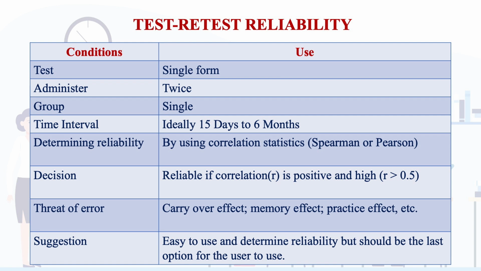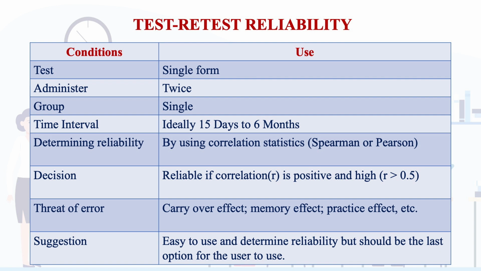Okay. So let us try to understand how to establish the reliability coefficient by using the test retest method. First of all, in this method a single test will be used, only one test, and this single test will be administered twice. So administration will happen twice here.